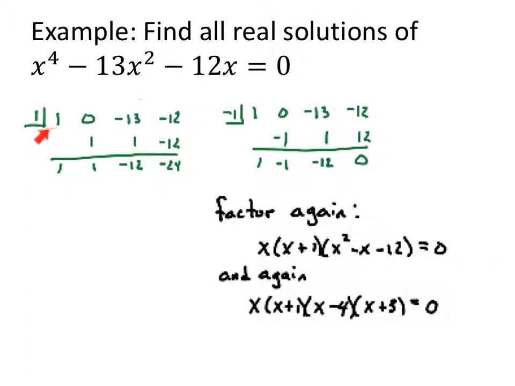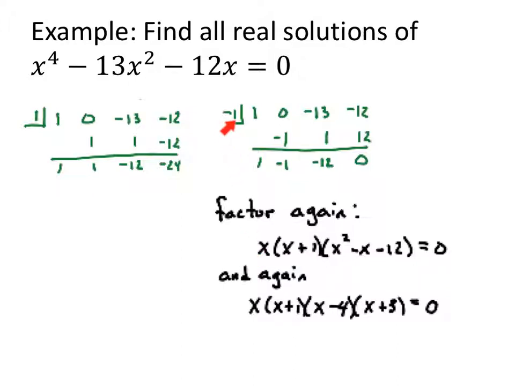So when I divide by 1, I do not get a 0 remainder, so I know that that's not a 0. If I use negative 1, remember I'm looking at the cubic function here, because I've factored out the x. I'll end up with a 0 remainder, so I factored out an x on the last slide.